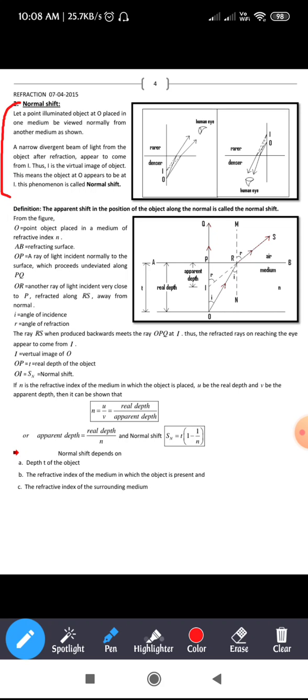So see here, in the first figure, what we are doing is placing an object in the denser medium and seeing that object from the rarer medium. So what is the difference we are going to see?